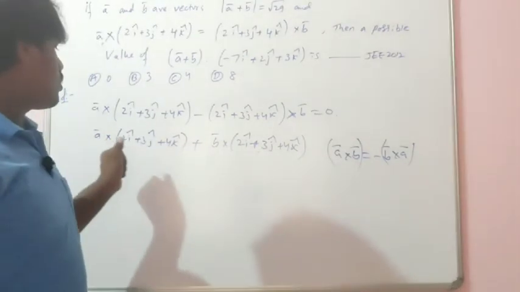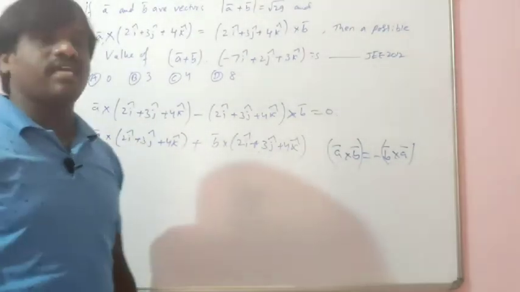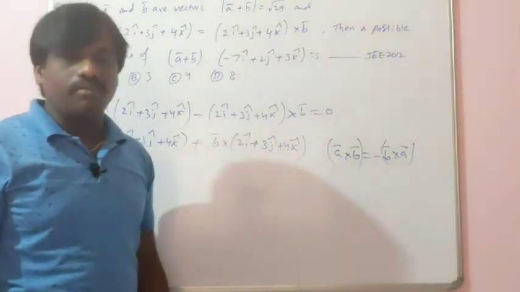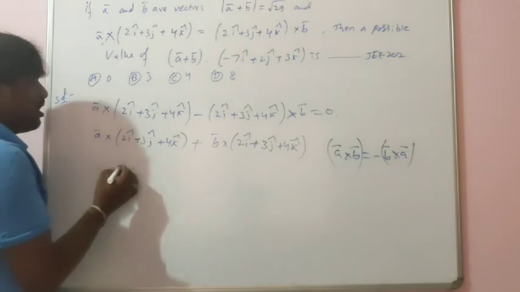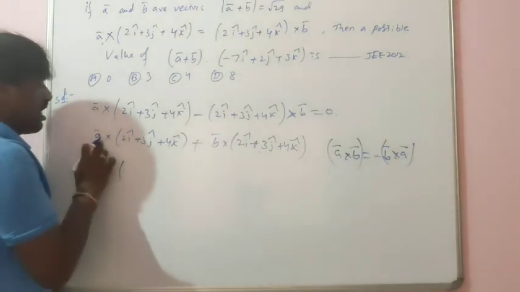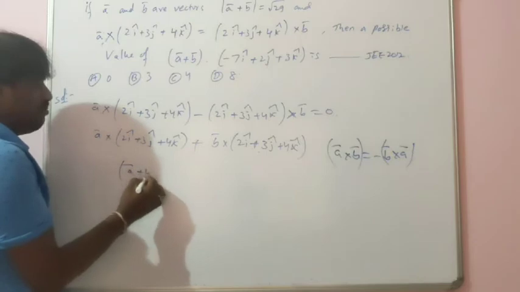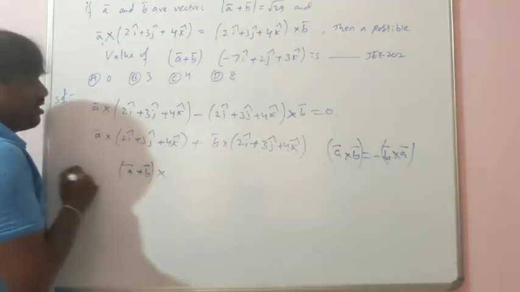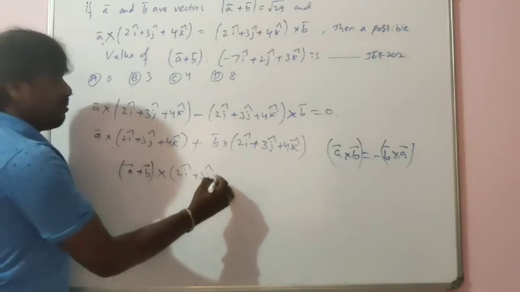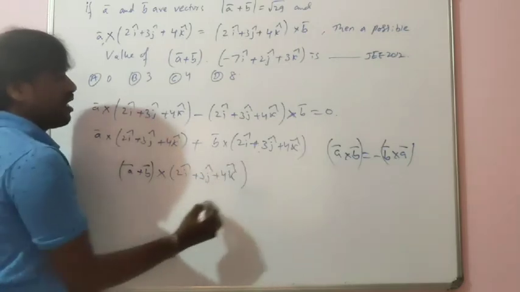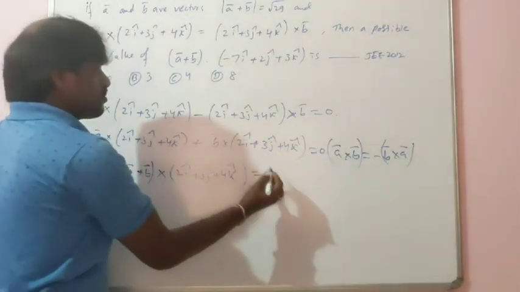In both, 2i cap plus 3j cap plus 4k cap is common because of the distributive law. So I am going to get (A vector plus B vector) cross (2i cap plus 3j cap plus 4k cap) is equal to 0.